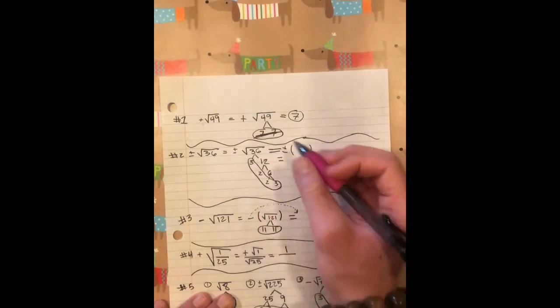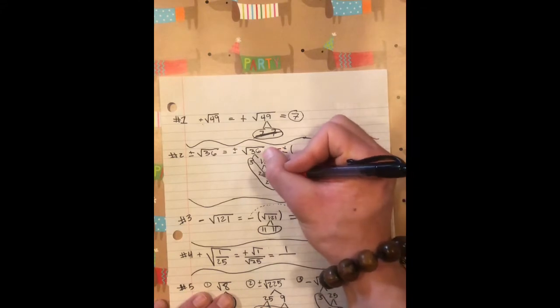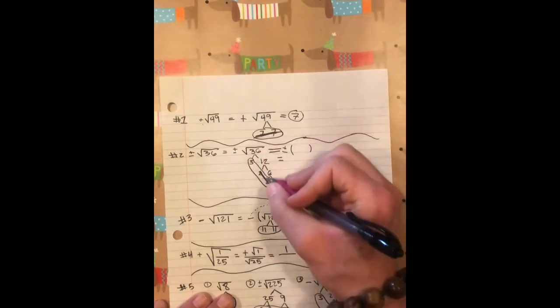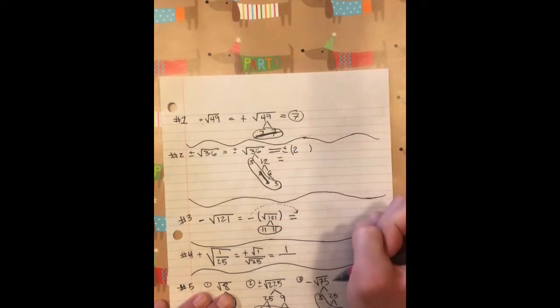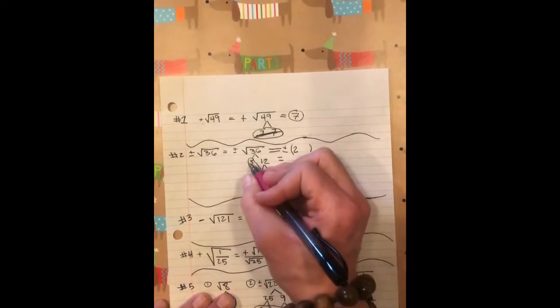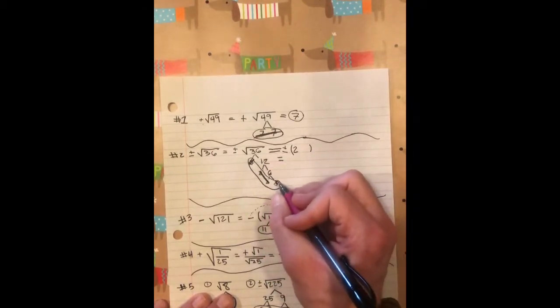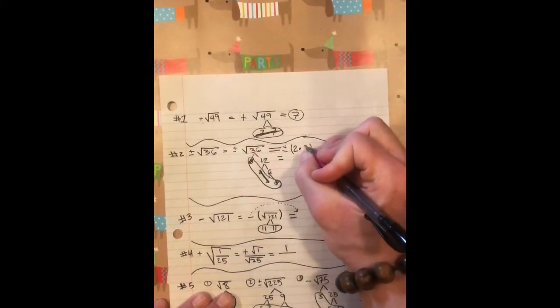Now, as we go, how many 2s do I have? I have 2 of them right here. So I can pull out 2. Take 2 of them, smash them together, and bring out 1. How many 3s do I have? 1 and 2. Perfect. So take your 2 3s, smash them together, and bring 1 out.